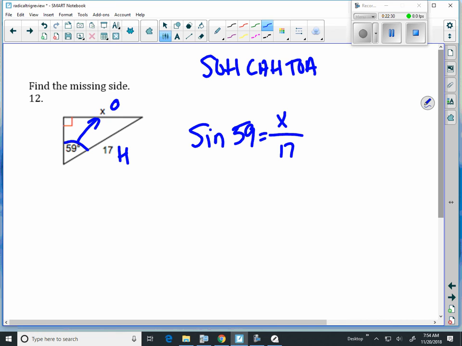Now, keep in mind, we're solving for x here. We want to find that missing side. How am I going to get that 17 out of that denominator so I have x alone? Yeah, multiply. It's being divided, so we're going to multiply both sides by 17. So this will cancel out, and we'll have x left. On the left-hand side, we have 17 times the sine of 59 degrees.